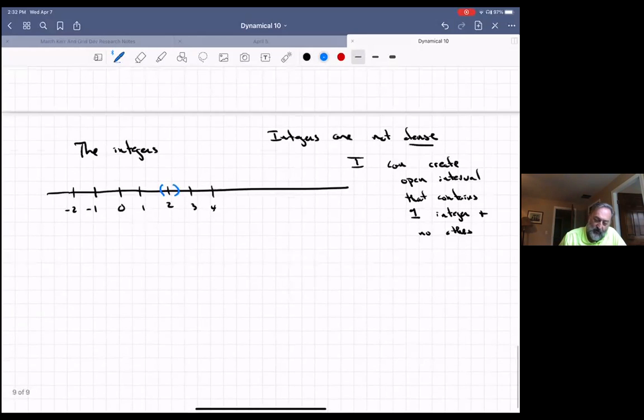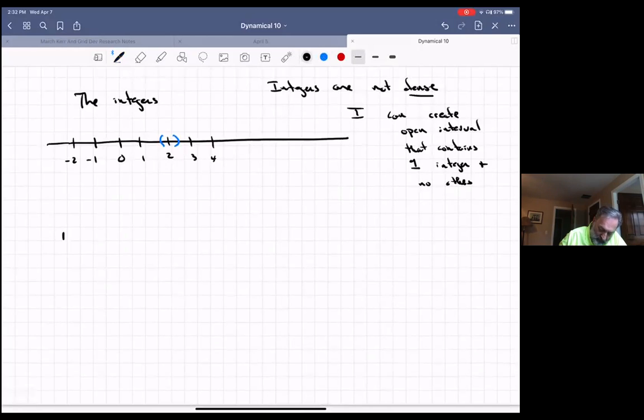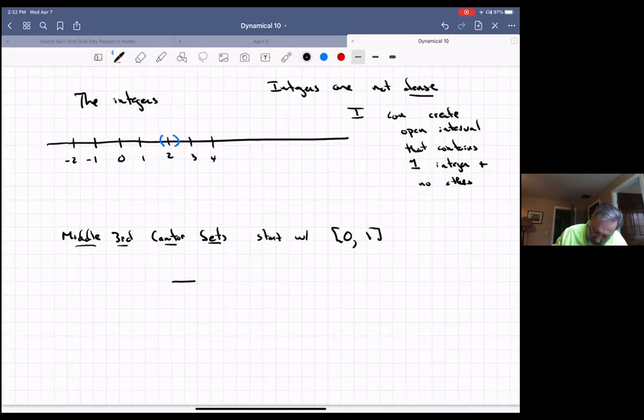Okay. On the other hand, you can do some funky things. One of the most fun things you can do is examine things called Cantor sets. So we have something called the middle thirds Cantor set. You start with the interval zero to 1. So you start with this line that's of 0 to 1.